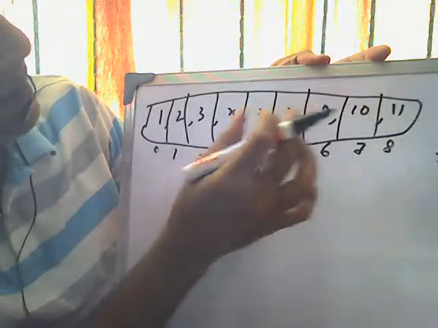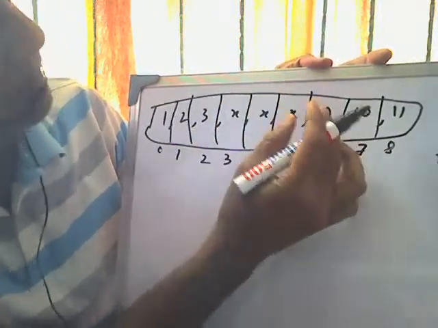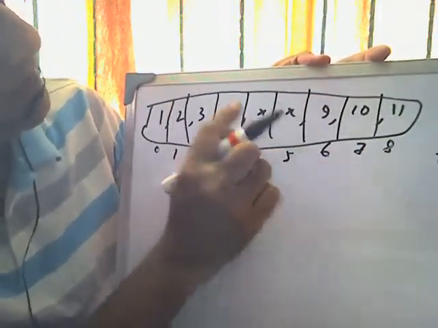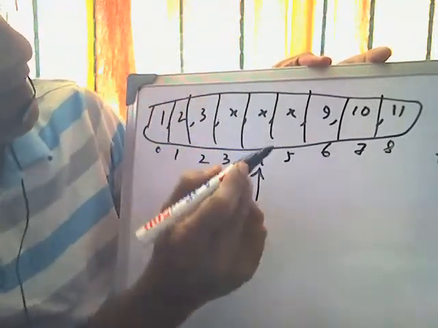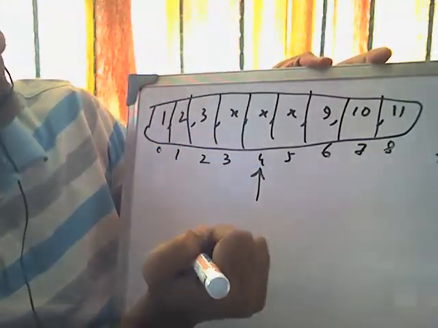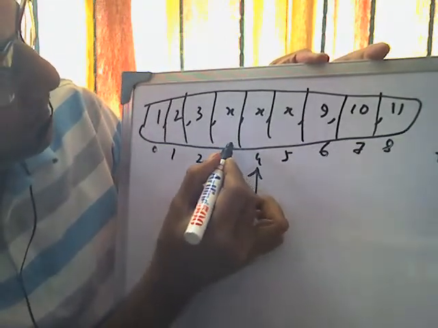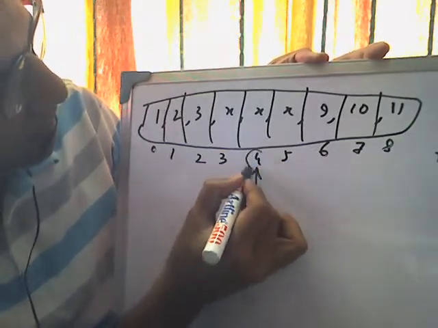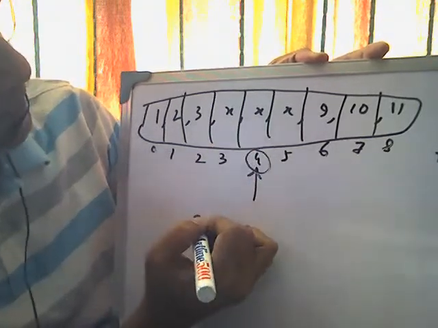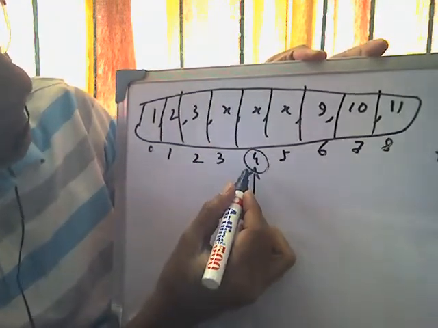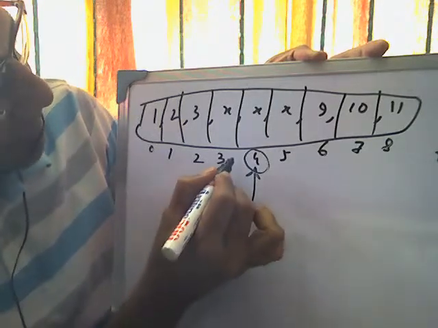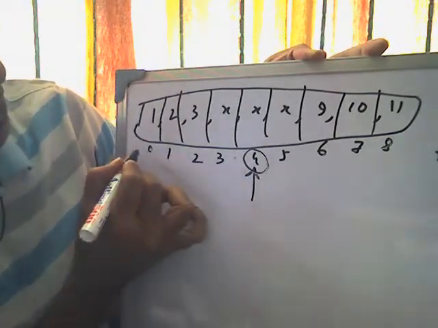If x is there, after certain steps you can definitely find at least one x in this array. Suppose this x has been found here. Now, from this position, you can go to the left-hand side because you know the index of this x is here 4. Now you can do a linear search from position 3 to 0.